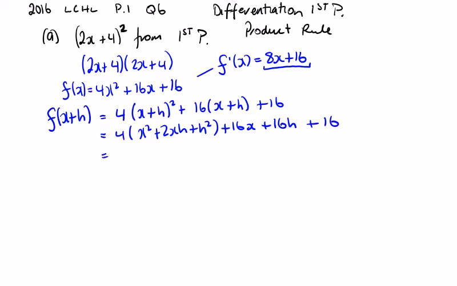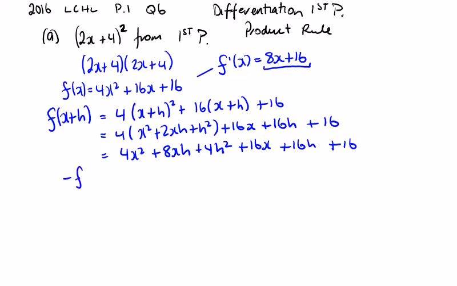So multiplying out the bracket, we have 4x squared plus 8xh, that's where my 8x is coming from, plus 4h squared plus 16x plus 16h plus 16.